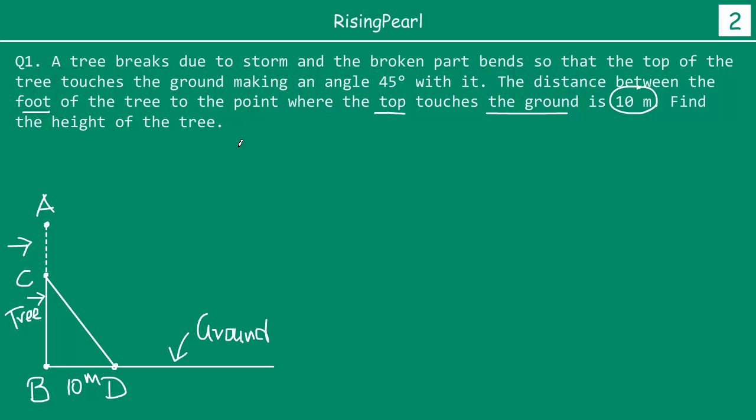The second thing that you would want to remember is that somebody could have argued that instead of the wind blowing from this side, how about the wind blowing from the other side? In that case, let's say this was the whole tree and this part snapped and fell. So instead of the top falling on the right side, the top is now falling on the left side.